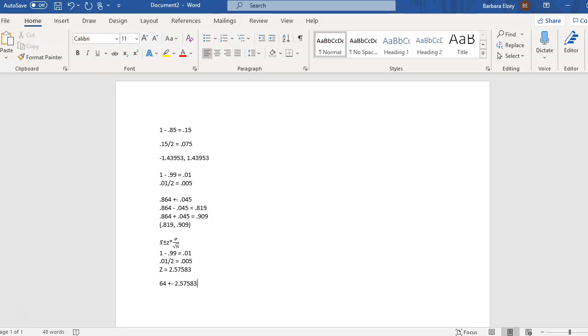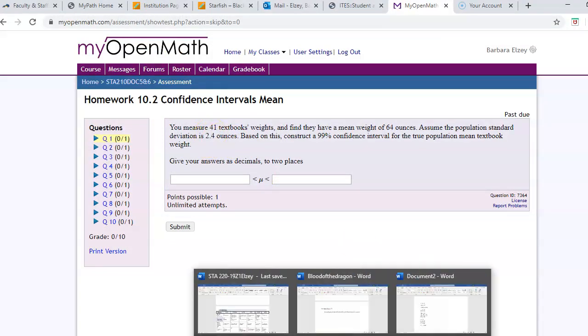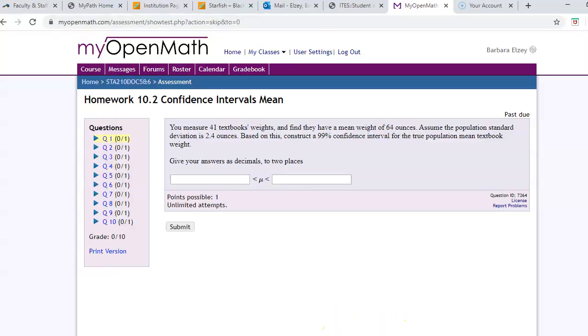Keep as many decimals as you can as you do these calculations. Sigma is 2.4, divided by the square root of 41, just 41.